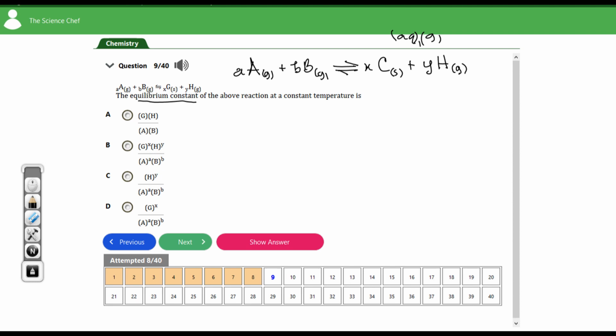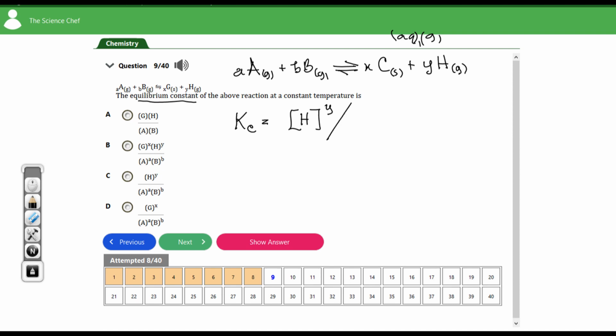We don't include the solid and liquid species, because it is assumed that the concentration of solids and pure liquids do not change, right? So the equilibrium constant Kc of this reaction will be the concentration of H raised to power y.